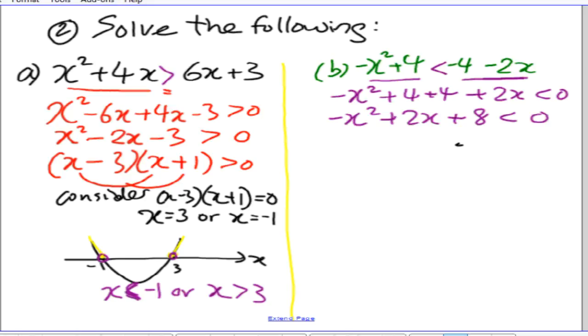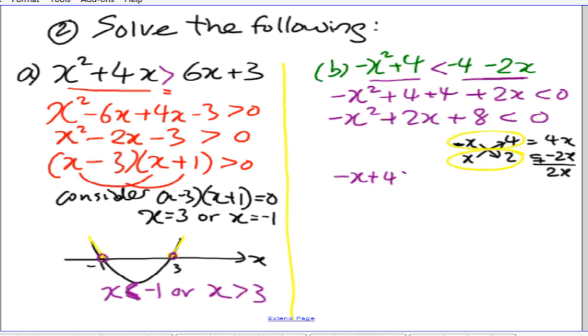By factorization, negative x squared here can be negative x times x. 8 here is 4 and 2. So x times 4 is 4x. Negative x times 2 is negative 2x. So adding these two things up gives me 2x. That means my answer here is (negative x + 4)(x + 2) is less than 0.